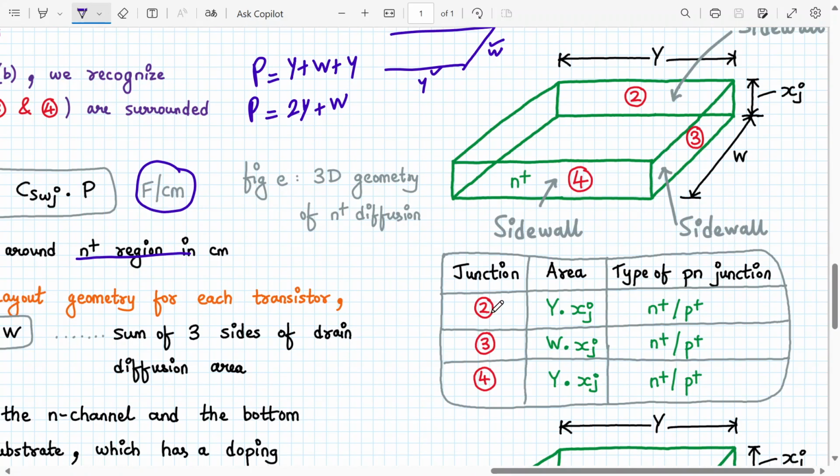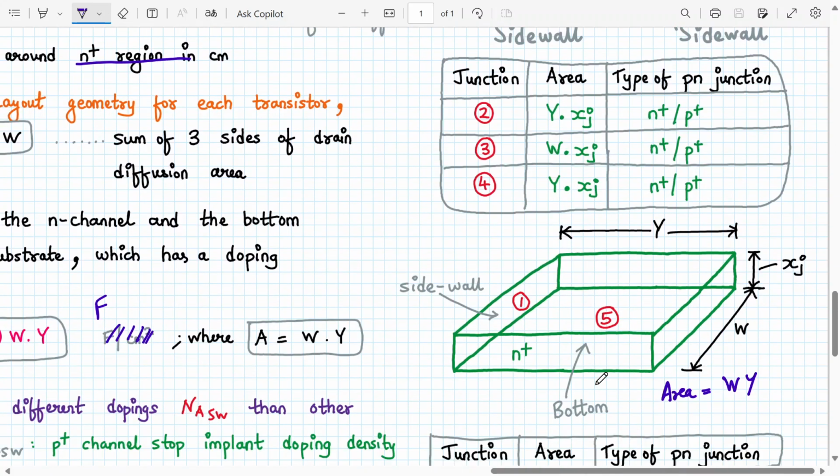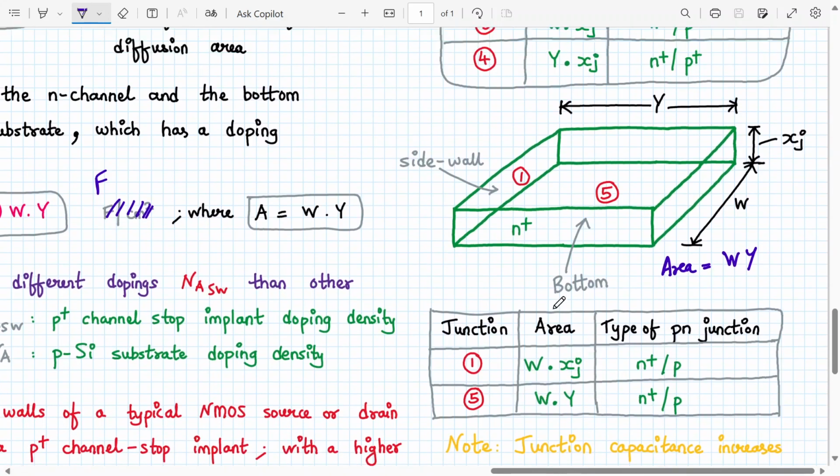Because 2, 3 and 4 junctions are n plus p plus, and your area is y into xj, w into xj, y into xj. Okay. Now we talk about 1 and 5. One is again a side wall. So which type of junction do we have over here? It is a P n plus junction, because here the substrate is P silicon substrate.